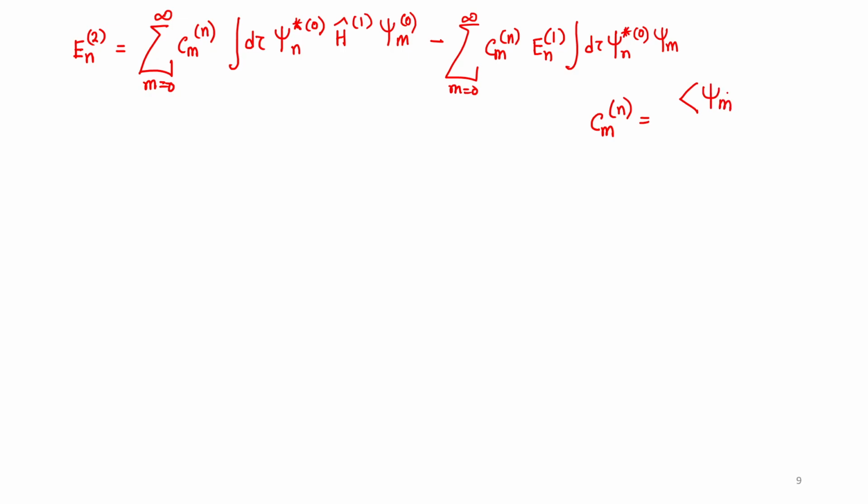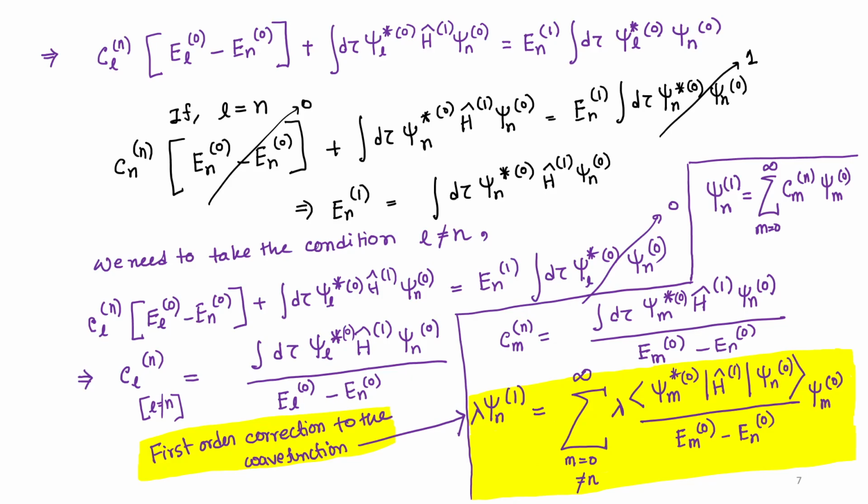If I write it in terms of, as we are writing in integral form, let me write it in integral form only. Sorry, E_m minus E_n.